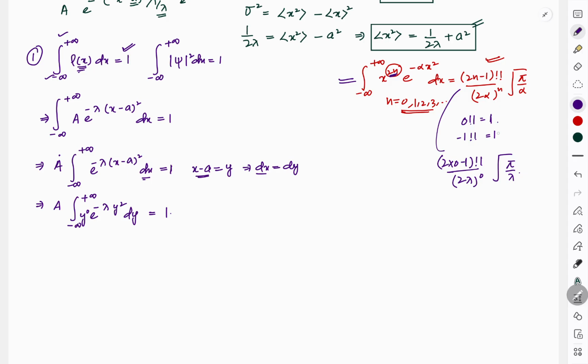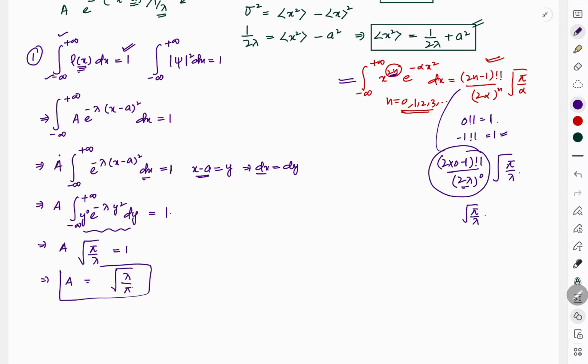Minus 1 double factorial is 1, and anything power 0 is 1. So this whole thing is 1. There remains only pi by lambda. So A times root of pi by lambda equals 1, which implies A equals root of lambda divided by pi, which is actually the normalization constant.